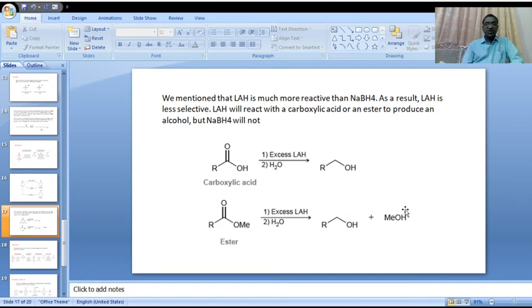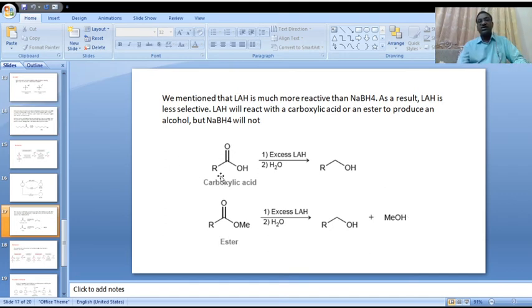If sodium borohydride is reacted with a carboxylic acid or ester, it does not undergo the reaction. But LAH converts carboxylic acids or esters into alcohols. Here please observe.